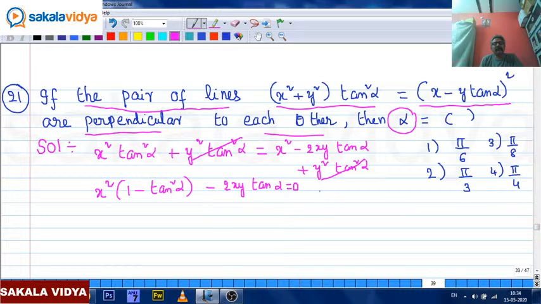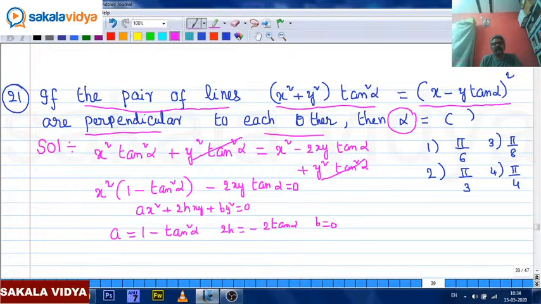If you compare with ax² + 2hxy + by² = 0, a equals 1 − tan² alpha, 2h is equal to −2 tan alpha, b becomes 0.